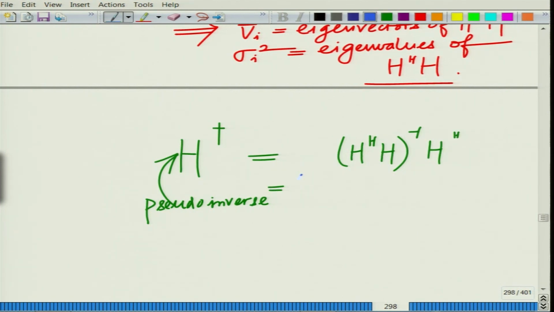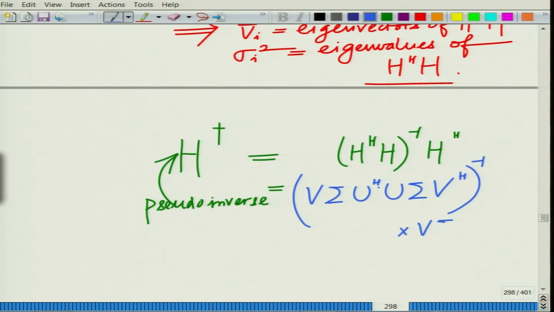Substitute for H in terms of the singular value decomposition: this is V sigma U Hermitian U sigma V Hermitian inverse times H Hermitian, that is V sigma U Hermitian.